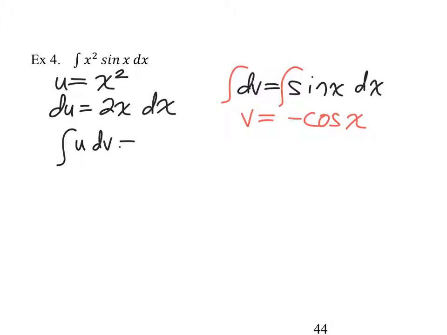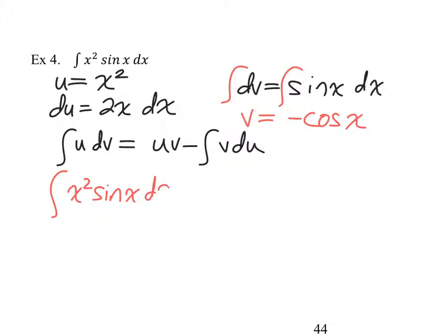All right, so the integral of u dv is equal to uv minus the integral of v du. So the integral of x squared sine x dx is equal to uv.